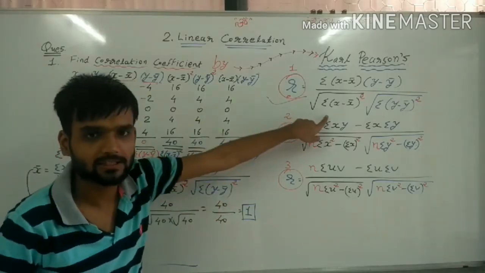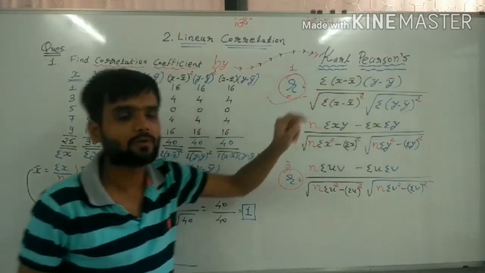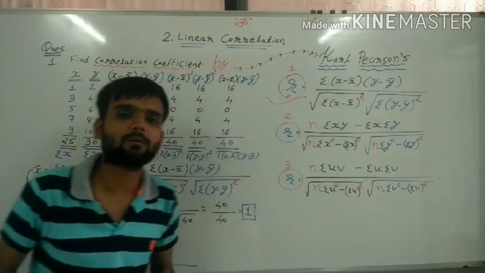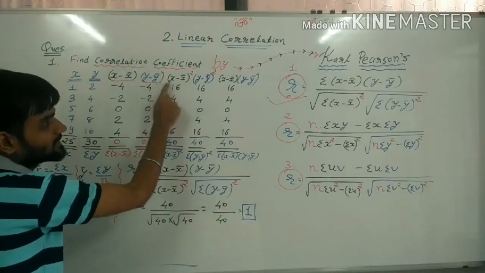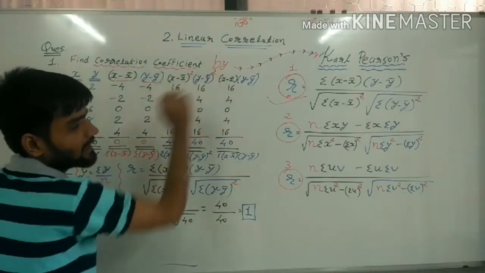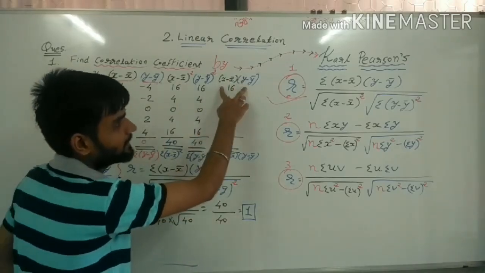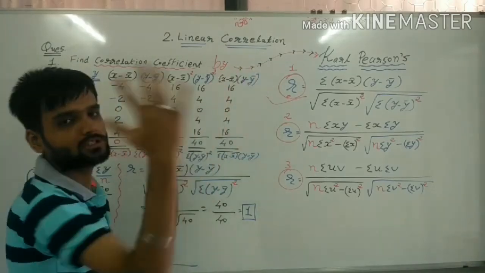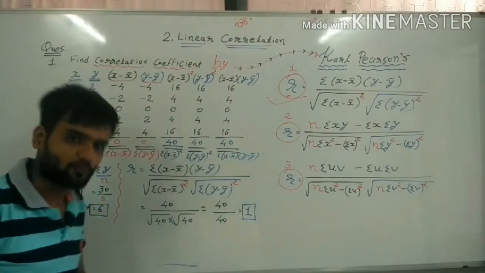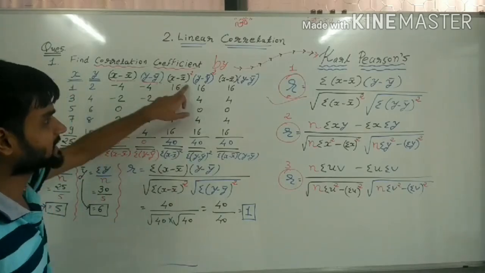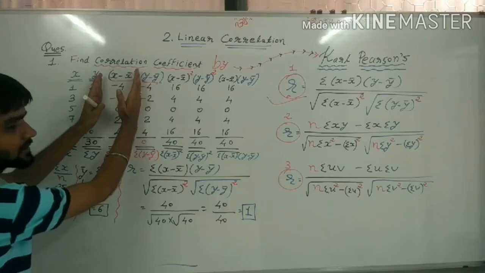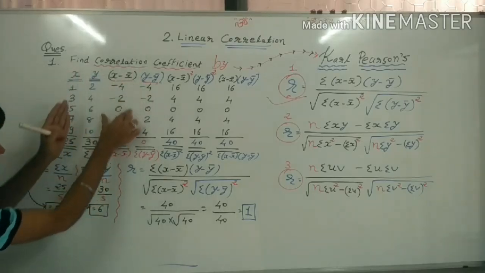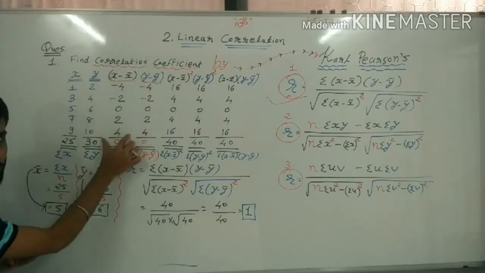We need x minus x bar square, y minus y bar square, and the multiplication of x minus x bar and y minus y bar. So we have prepared these columns. First of all, x minus x bar square means we are finding the square of the x minus x bar values.